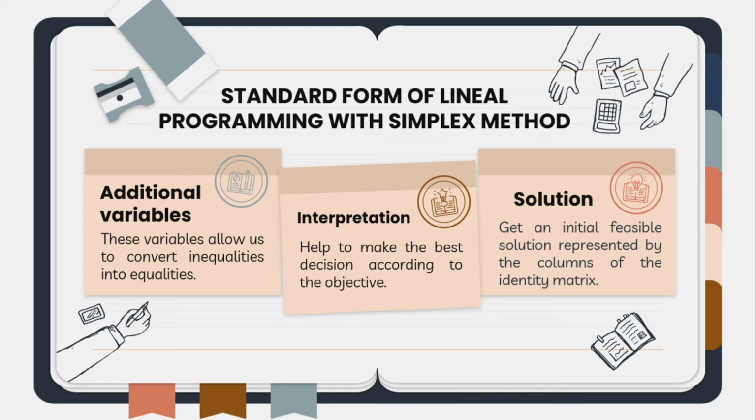Such a form will help in getting a solution of the linear programming problem. Second, these variables help decision makers draw economic interpretation from the final solution of the problem and make the best decision according to the objective. Third, these variables are used to obtain an initial feasible solution represented by the columns of the identity matrix.